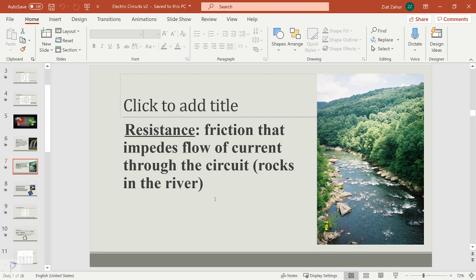In a river, falling from a high height would be the natural progression of water, and as the water keeps going, there may be rocks in the way, and these rocks will slow down the velocity of the water molecules. Similarly, the resistance in a circuit slows down the flow of current, so there's less that can move through.